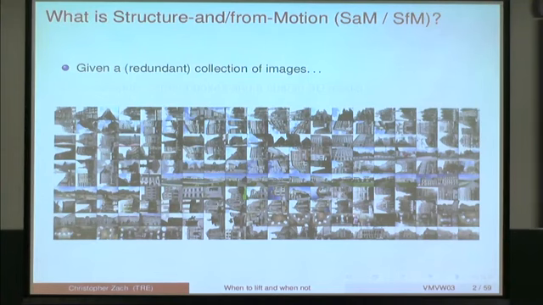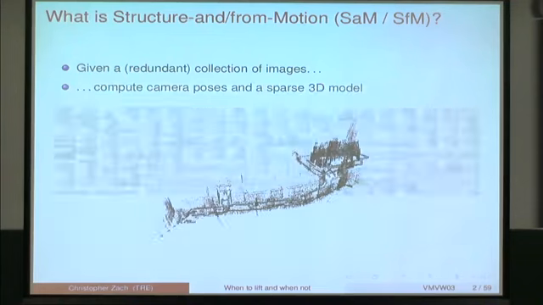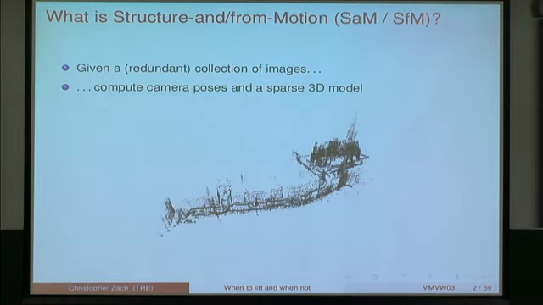Structure from motion is essentially: you have a large set of images showing, let's say, the same object, the same set of buildings, or the same city. Via finding correspondences between those images, meaning identifying images of identical 3D points or objects, you can compute what we call a sparse reconstruction, which gives you an initial idea about the 3D configuration of what you have captured in your pictures.